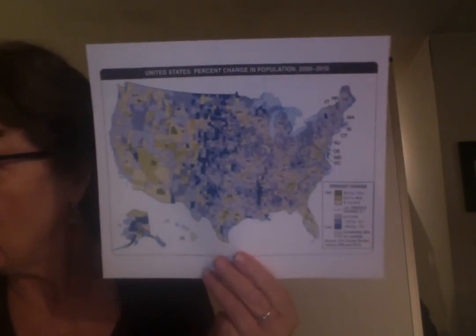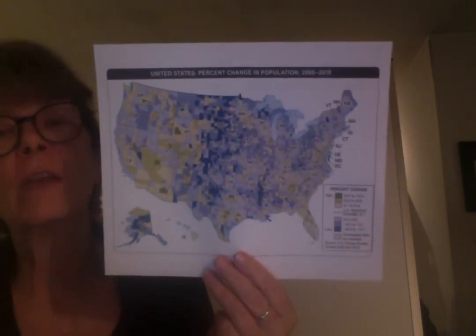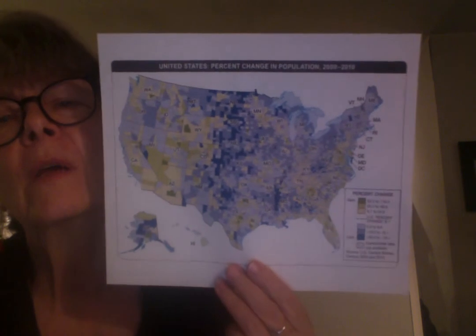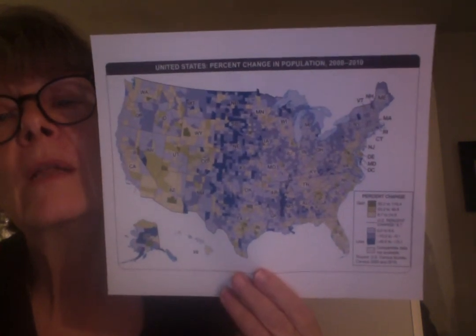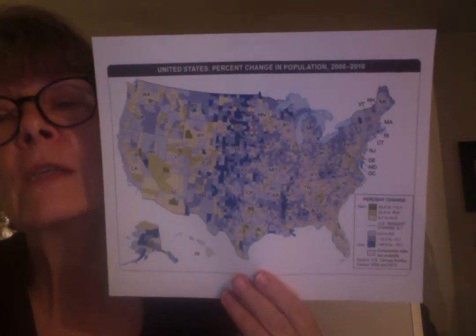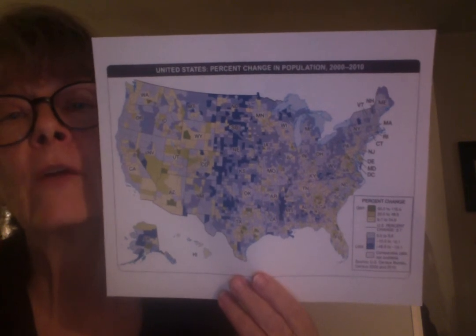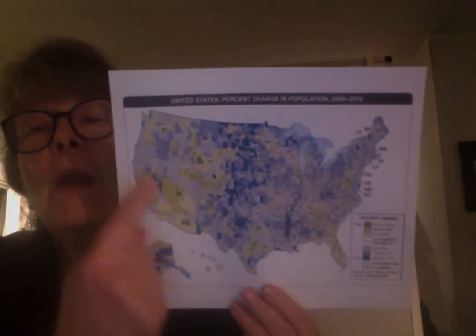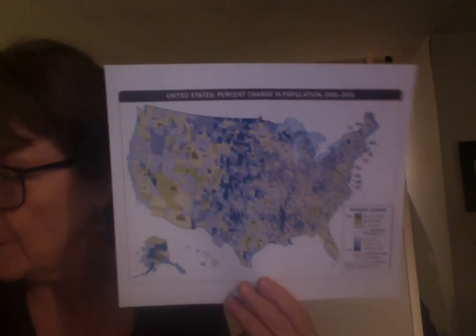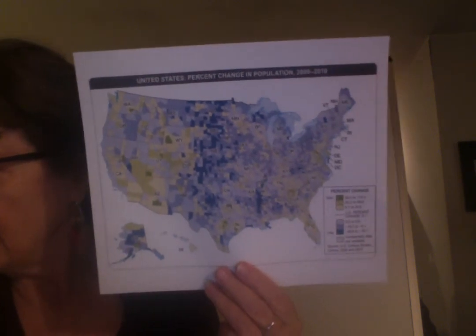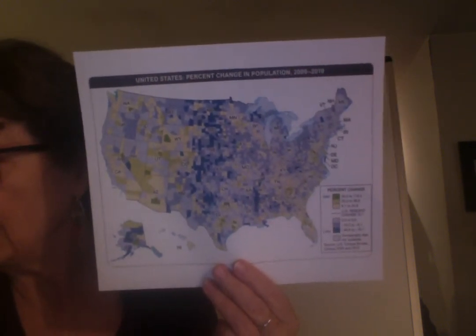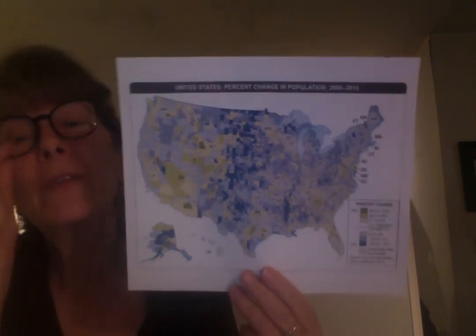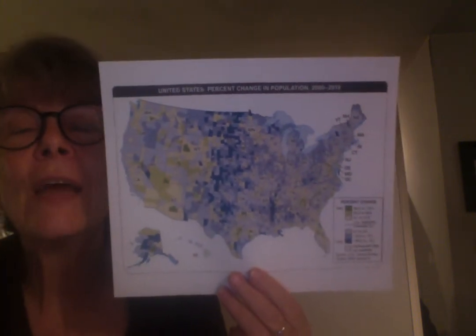B, neither Hawaii nor Alaska is attractive to new residents. Well, there are some green areas in Alaska. There are light green areas in Hawaii, but not as much as up here. C, every state has areas that lose population each year. Well, we'd have to look really carefully at each state.